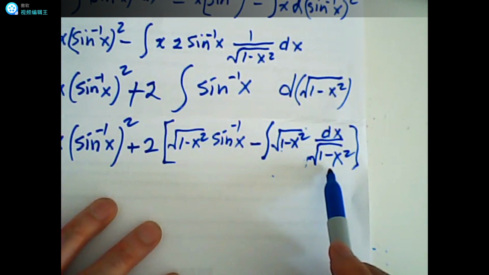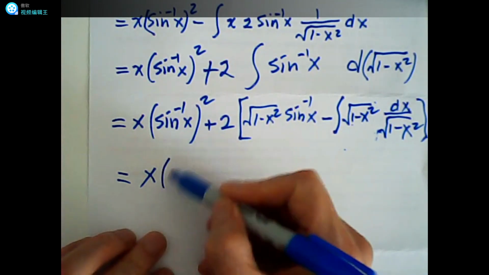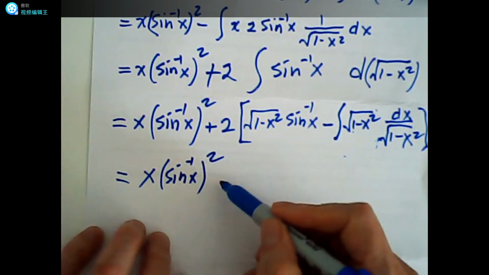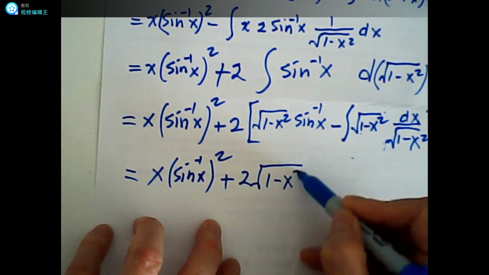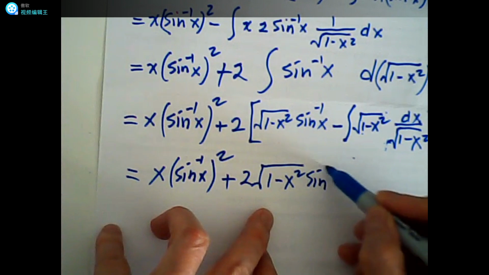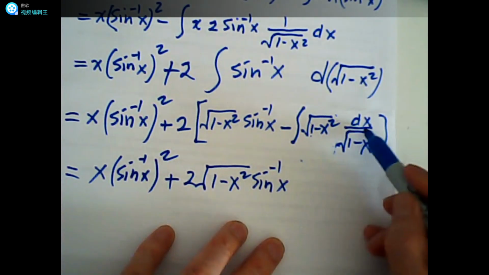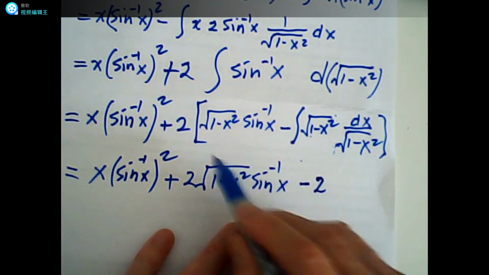So v times du, du is this. So this one is equal to arcsine x squared plus twice the square root of 1 minus x squared arcsine x. This cancels out, and this is negative x, times 2.